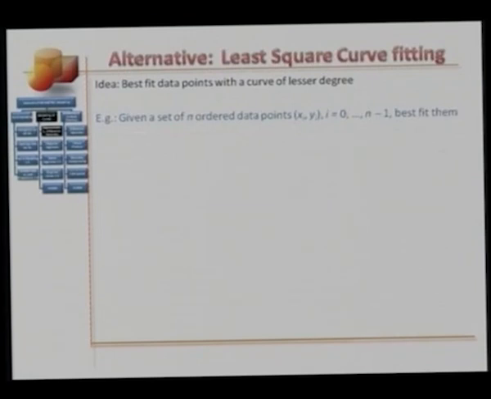For example, given a set of n ordered data points (x_i, y_i), i going from 0 to n minus 1, we best fit them, let's say using a quadratic polynomial, p(x) equals a_0 plus a_1 times x plus a_2 times x squared. Well, what we do is we would first compute the least squared error.